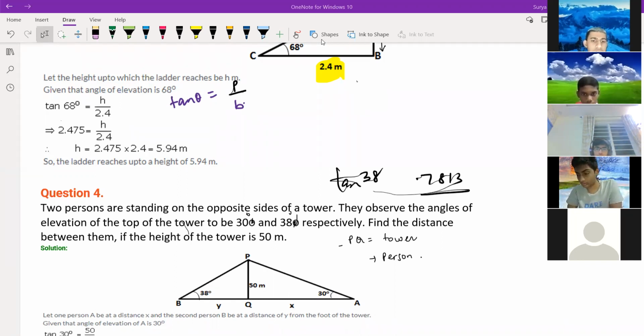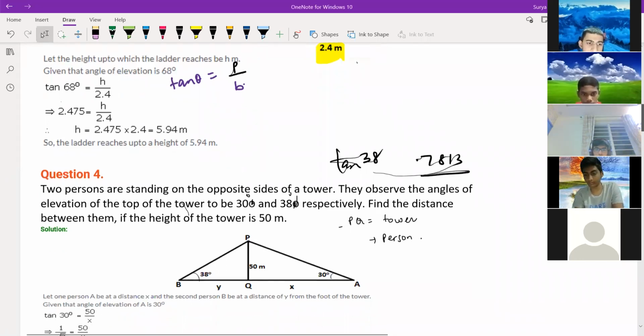Sir, I sent you the approximate answer of this question. Samarth, what are you saying, tell me. Sir, I sent you the approximate answer, please check it. Okay.